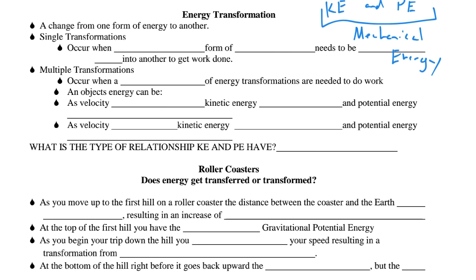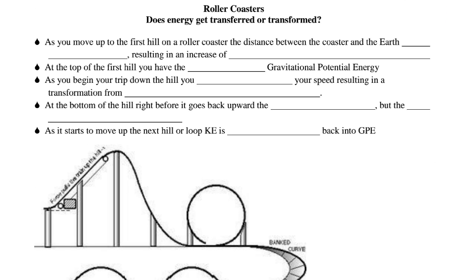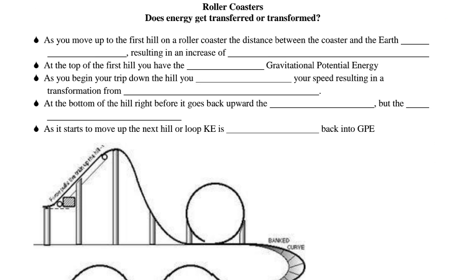All right, and let's talk about roller coasters. As you move up the first hill on a roller coaster, the distance between the coaster and the earth increases, resulting in an increase of potential energy.